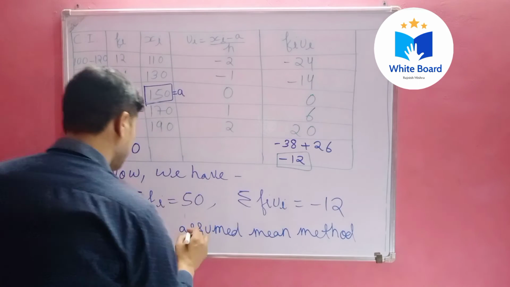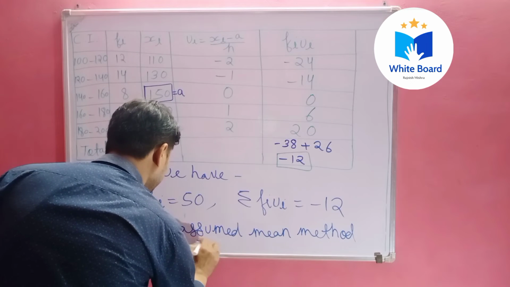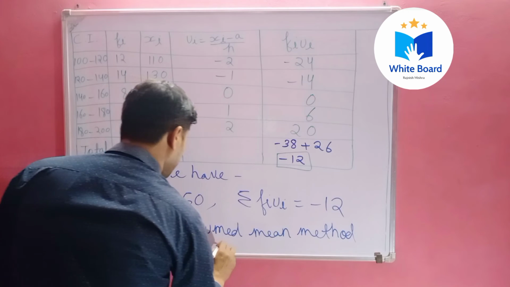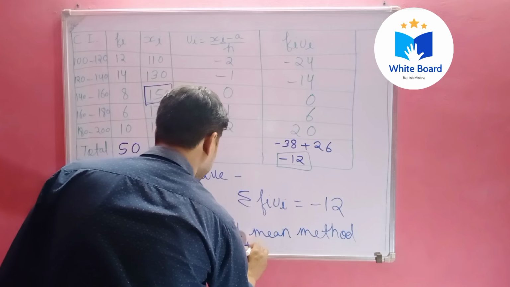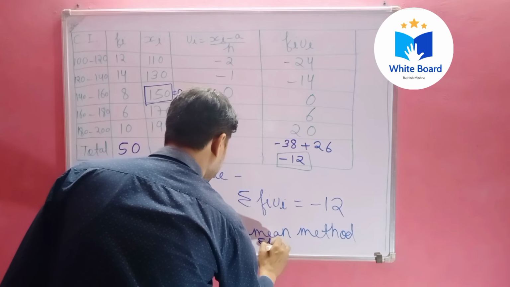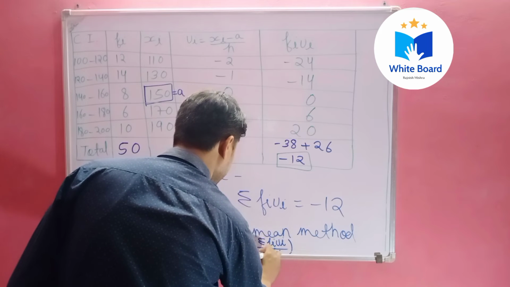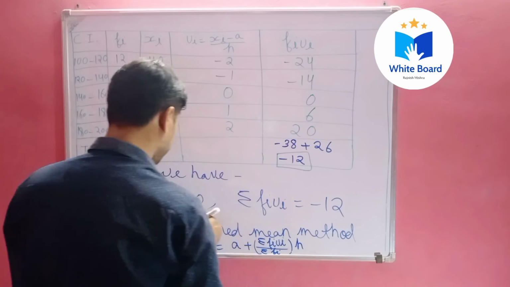By using the assumed mean method, the formula for the mean, that is x bar, is equal to a plus summation fi ui divided by summation fi, multiplied by h.